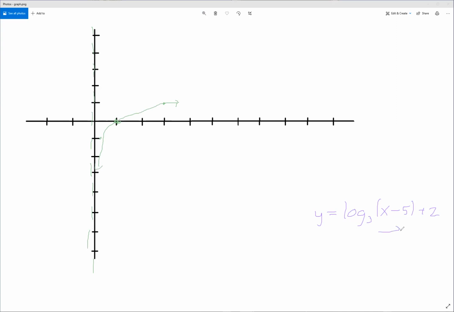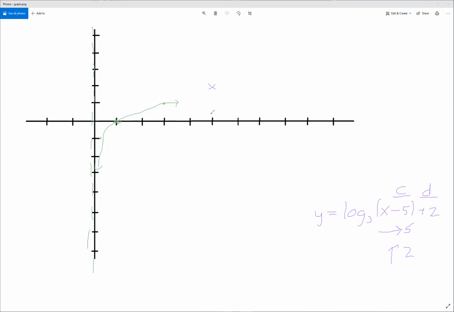But we need to be a little more interesting now. We've got to go to the right by 5 and up by 2. Is that what those numbers do? Well, the -5 is an inside number. It's being added or subtracted. So this is definitely C. And this right here is added on the outside. That's definitely D. So yeah, that's exactly what's happening. We're going to go to the right by 5 and up by 2. So our new origin is right here at 5, 2.